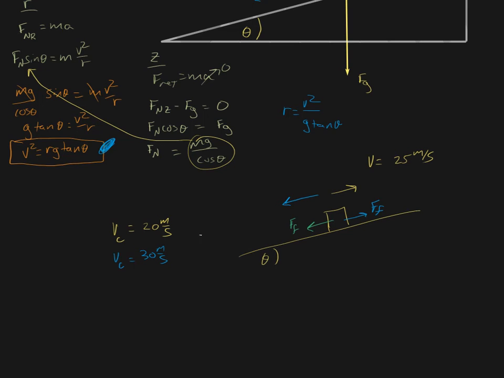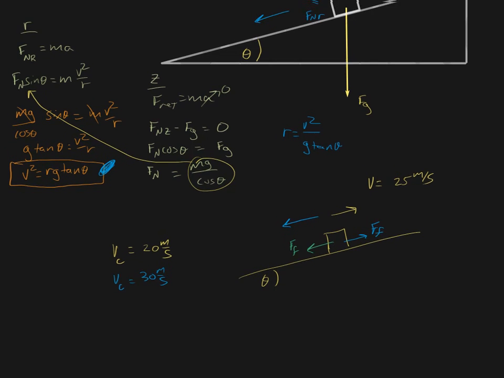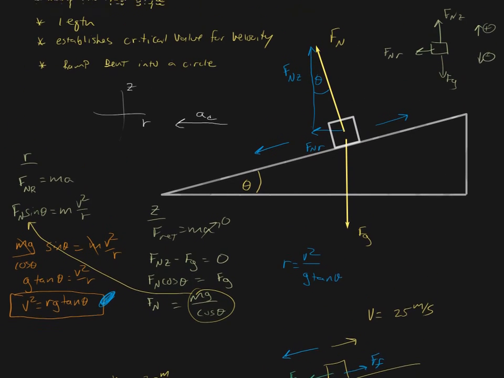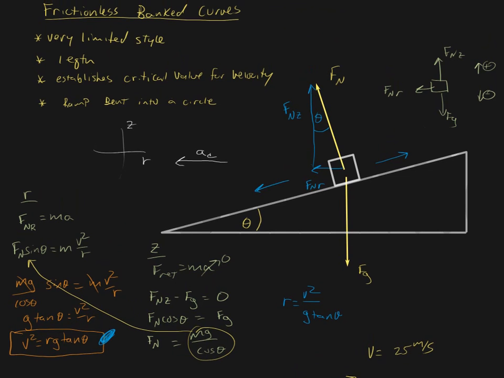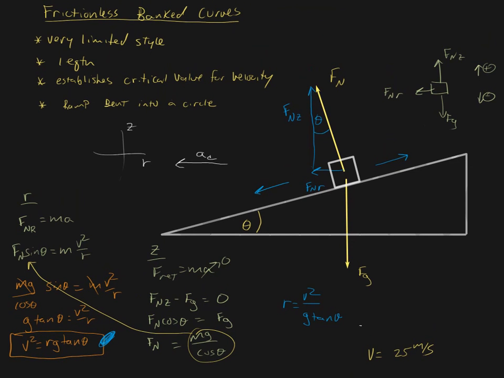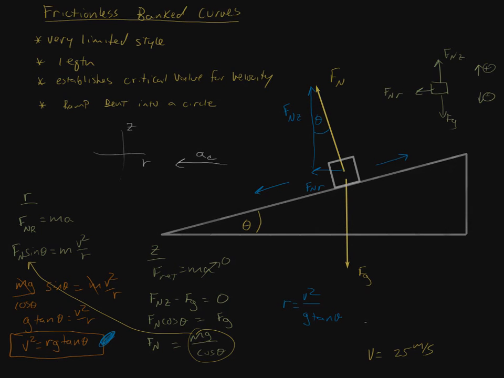And so that's how we use the critical velocity whenever there's friction on the ramp. So again, the whole idea behind the critical velocity of the frictionless banked curve is to do nothing more than allow us to determine which direction the friction force is pointing.